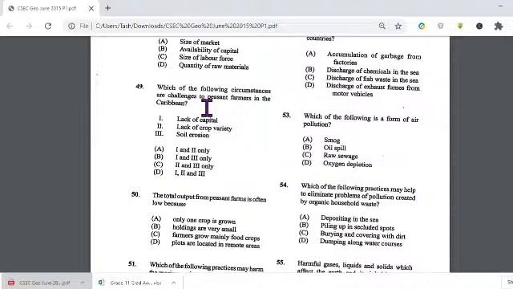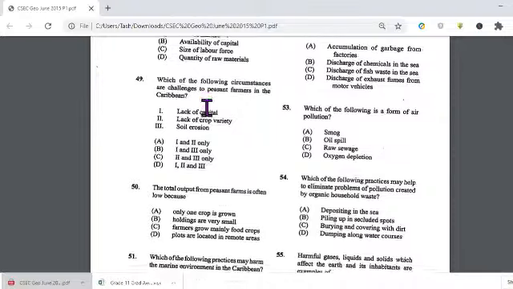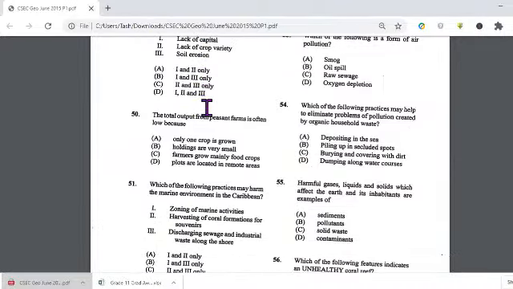54. Which of the following practices may help to eliminate problems of pollution created by organic household waste? It said organic waste, so that will help us to determine what we need to do with it. A, depositing it in the sea, very bad. B, piling up in secluded spots. No, we saw this question on several other papers that we have been through.